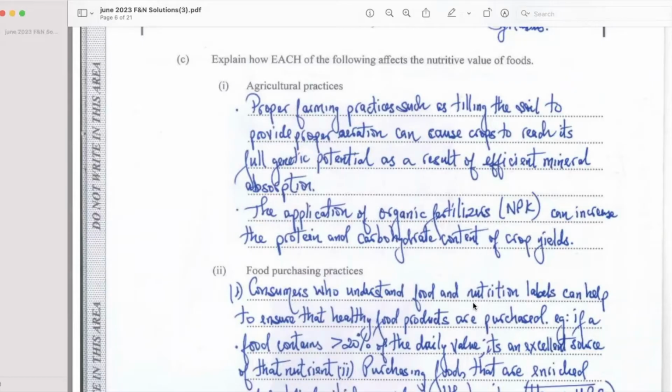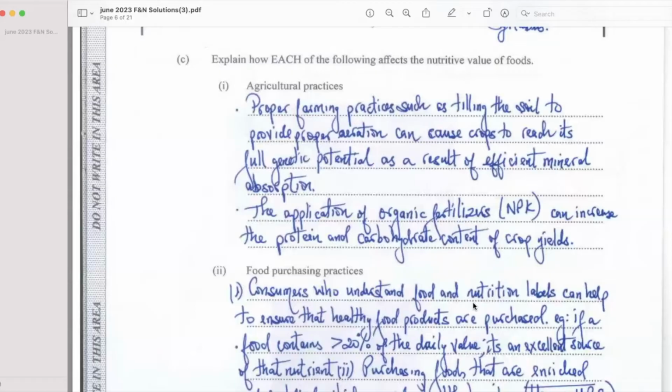You need proper farming in each country, so the soil can be provided aeration, which can cause crops to reach full genetic potential as a result of effective mineral absorption. Another point can be the application of organic fertilizer can increase the protein and carbon dioxide content in the crop field, right? And we know what organic is, right?